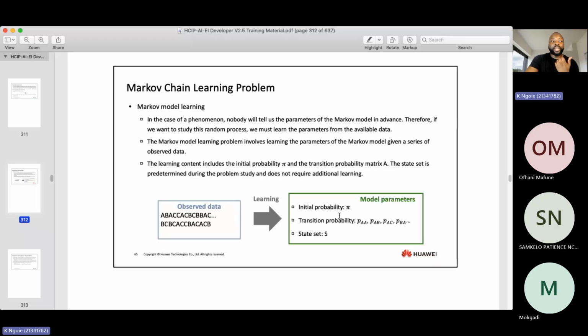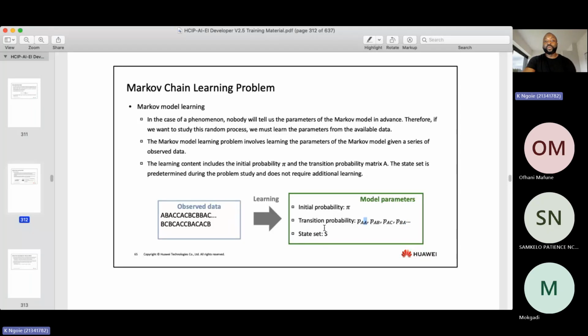And then we have the transition probability, usually represented by P, maybe moving from A to A, that means we're remaining in the same state, or from A to B, from A to C, from B to A. Those are the transition probabilities, the probability of moving from one state to another, like in this case, from state A to state B. You understand that?